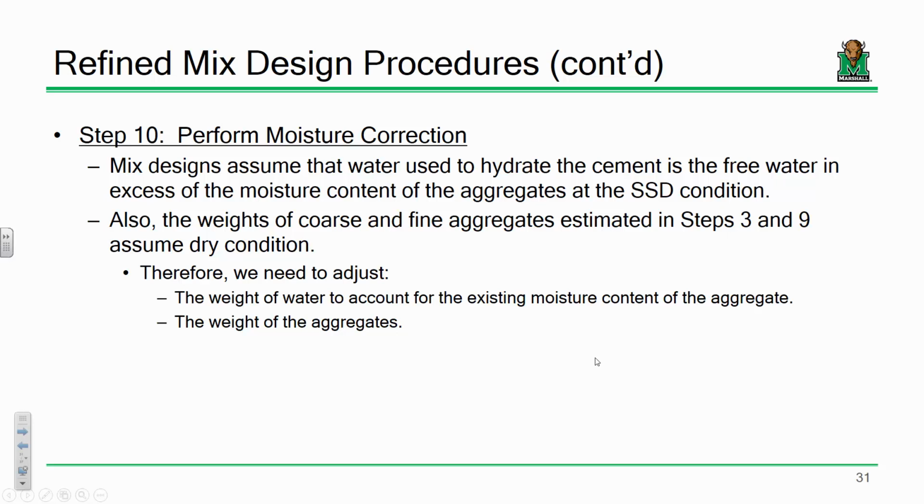Maybe its moisture content is larger than the saturated surface dry condition. Maybe it has excess moisture. So if you just dump the original weight of water, you'd be throwing in too much water. Make sense? So you need to perform a moisture correction at the end so that when you actually add water to the mix, once it's all said and done, you've achieved your target water-cement ratio. Everybody okay with that?